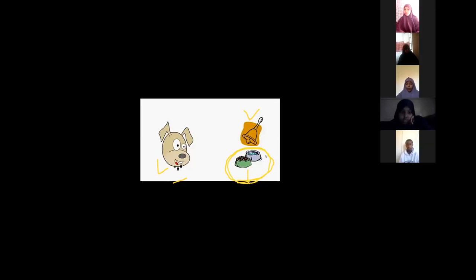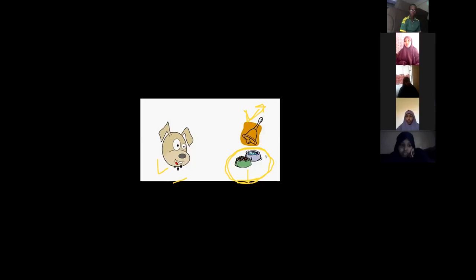So long as there is bell ringing, the dogs begin to salivate. So this is a good example of a conditioned reflex action in that the dogs learned to replace the food with the sound of the bell. So the sound of the bell would now make the dogs begin to salivate. So you can see it is a condition.